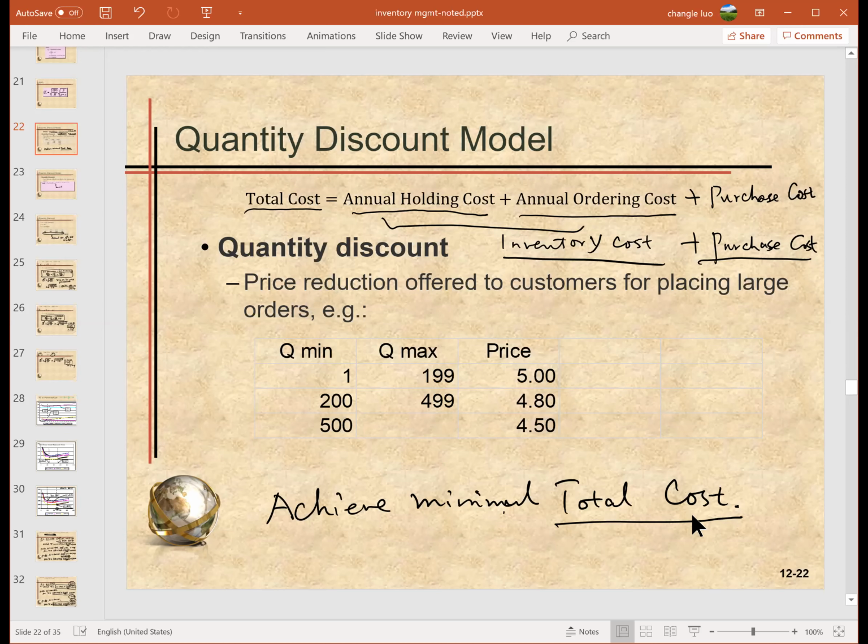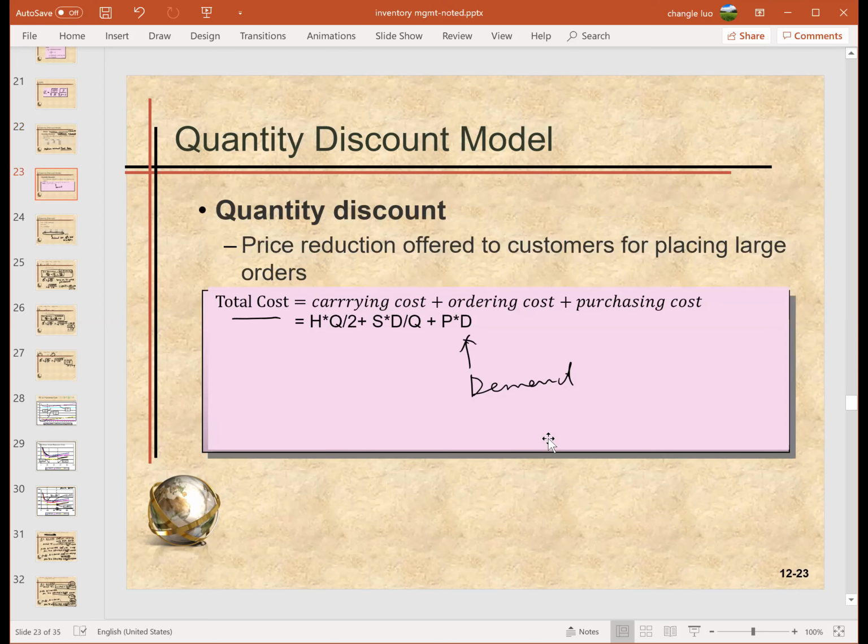So anyway, quantity discount. Right now, we're not only considering the inventory cost, but also the purchase cost, and our goal is to achieve minimal total cost. Starting from here, I'm going to have a lot of equations coming out.